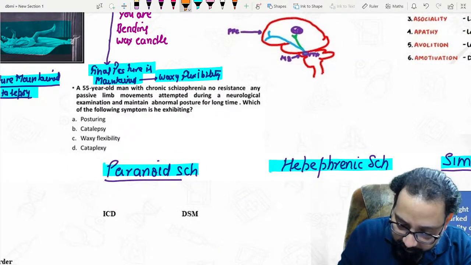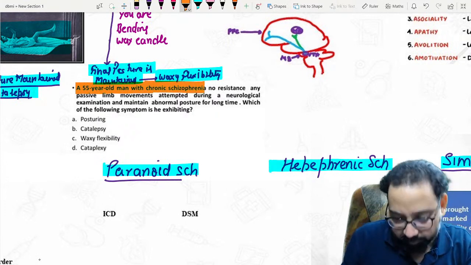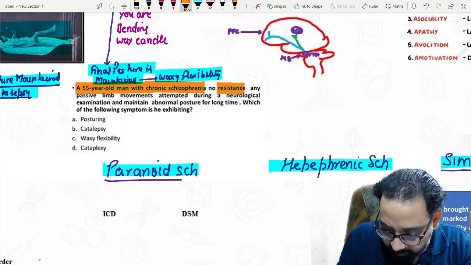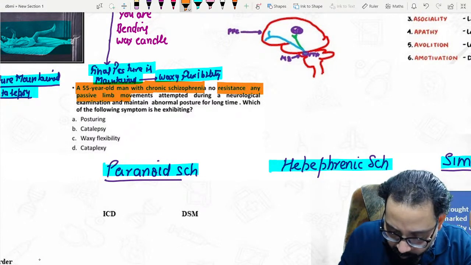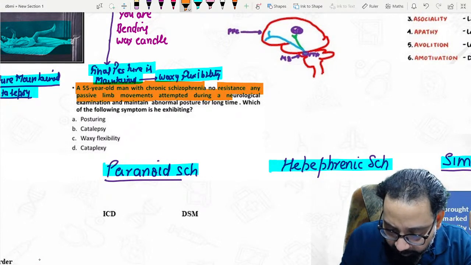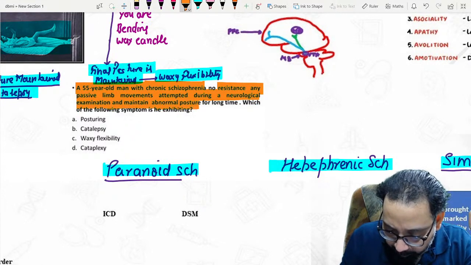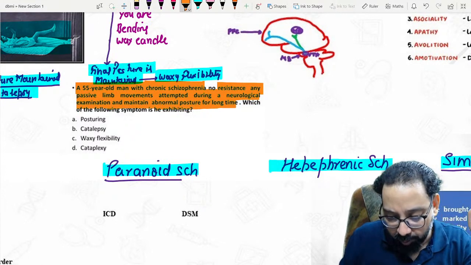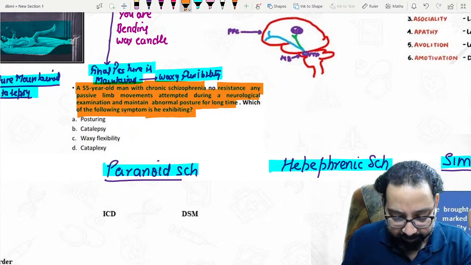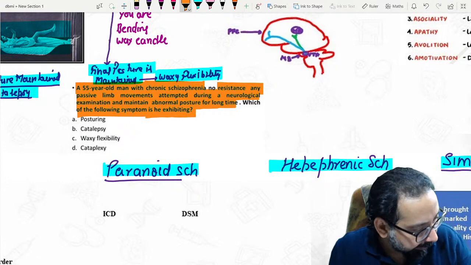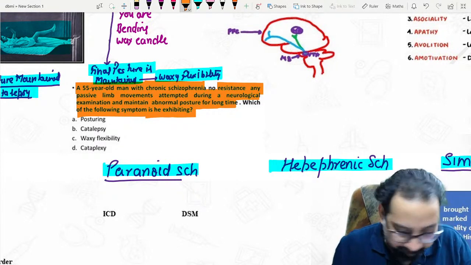A 55-year-old man with chronic schizophrenia, no resistance on passive limb movement obtained during neurological examination, and maintains abnormal posture for a long time. Which of the following symptoms is he exhibiting? Please do reply, then I will explain it again, don't worry. Whatever you think, please do reply.